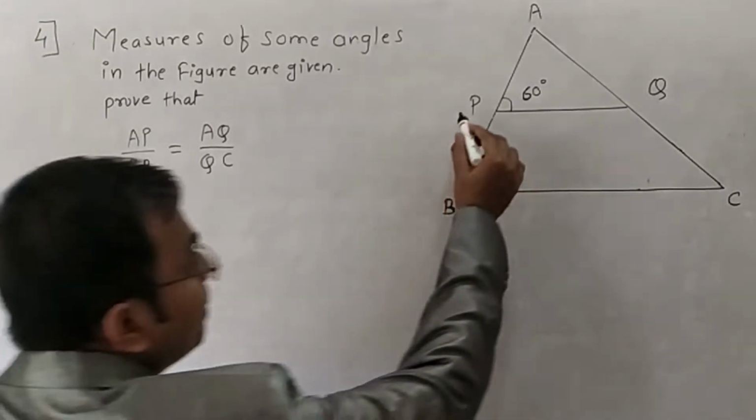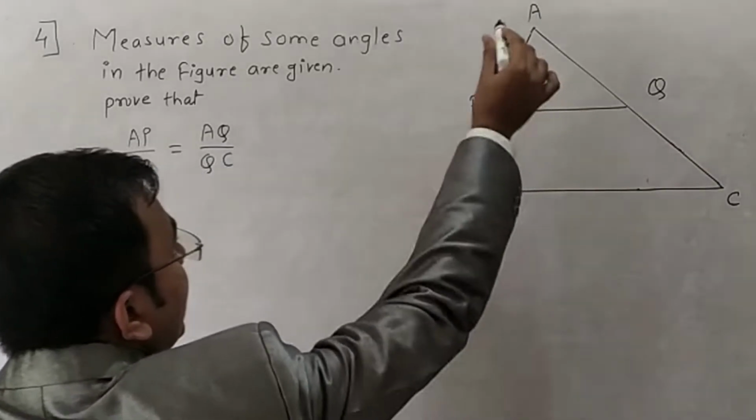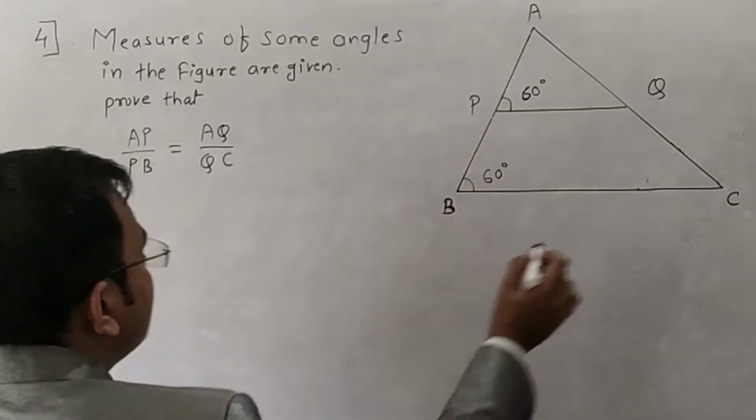Okay, to prove PQ parallel to BC, we have here two angles, APQ and PBC.